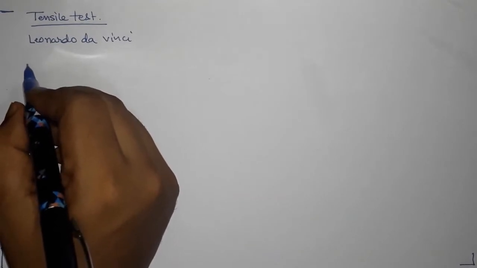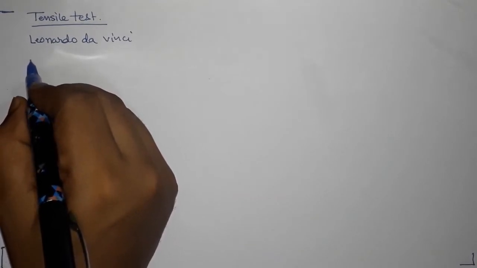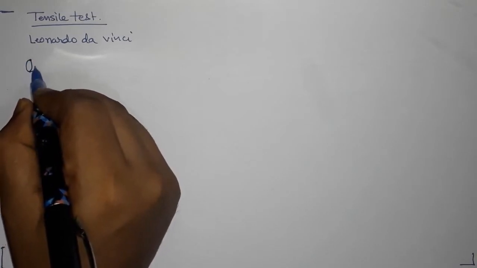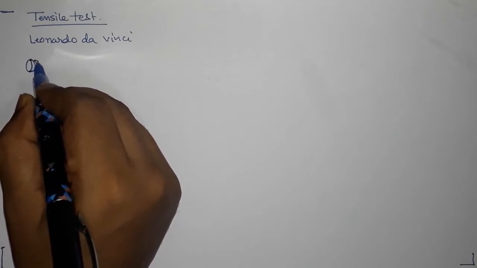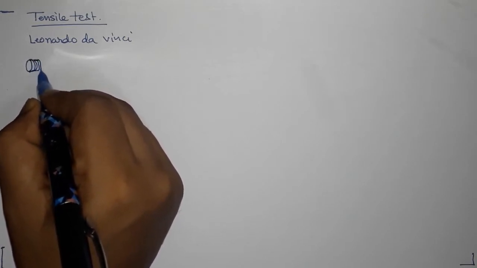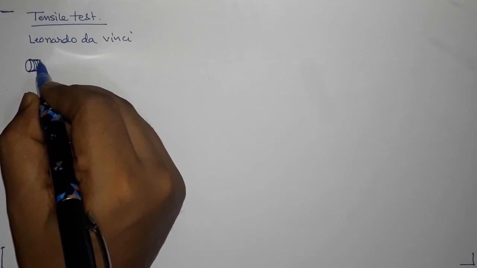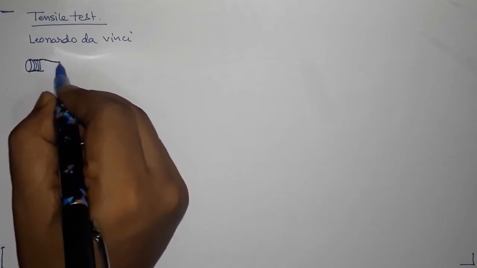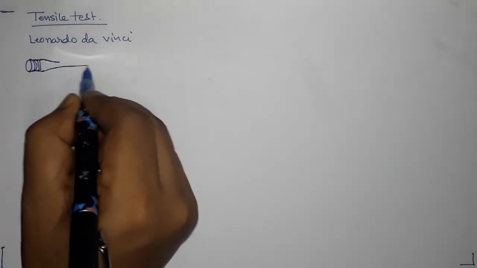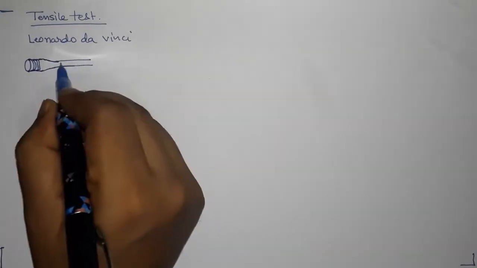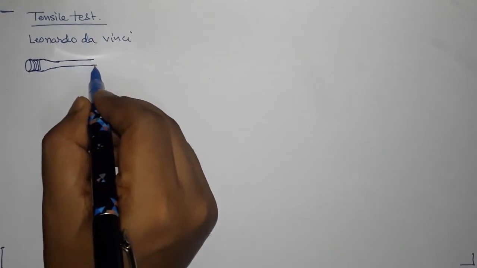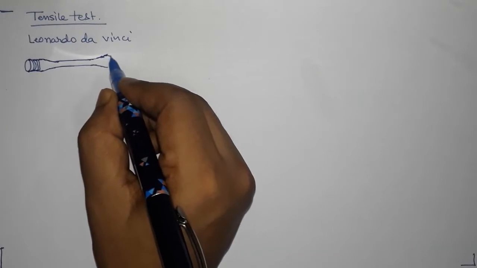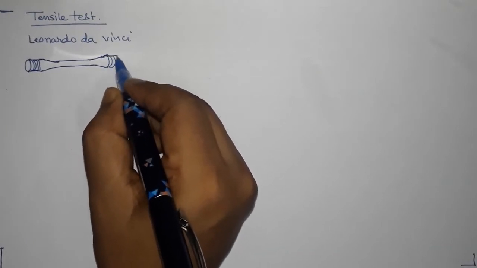Usually most of the samples can have a thread at one end to fix this in the specimen, and then you have something like this. Then you have a radius of curvature here, and then again thread.